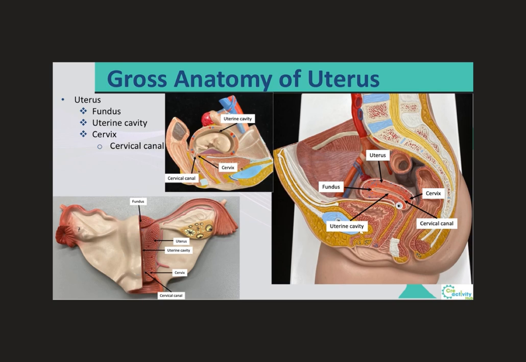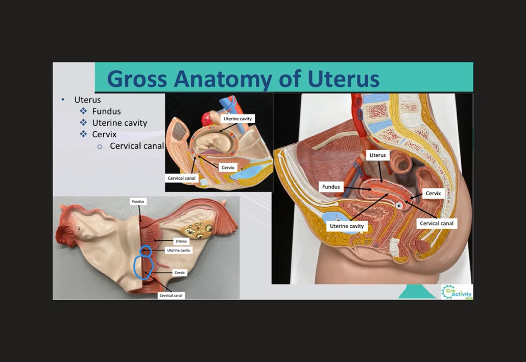Now, the body will end at this constriction that's known as the isthmus of the uterus. So we have one in the uterine tube, and now we have another isthmus in the uterus, which is this narrowing part of the uterus. And the cervix of the uterus is going to be the inferior portion extending from the isthmus to the vagina.